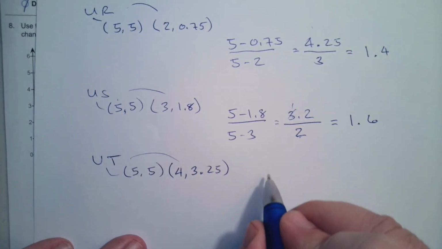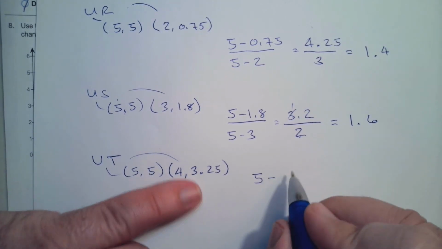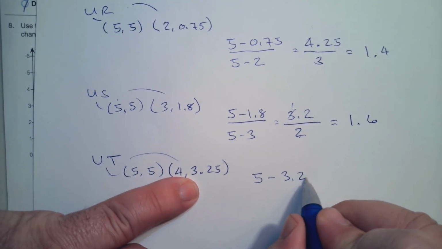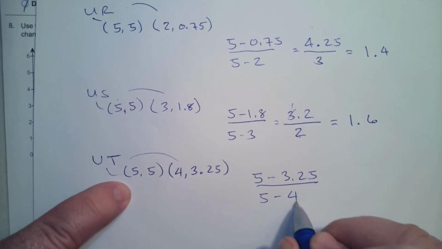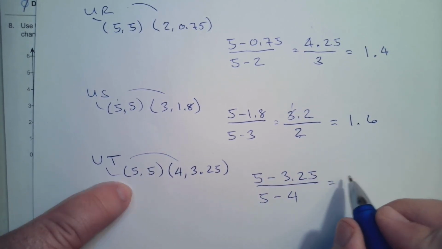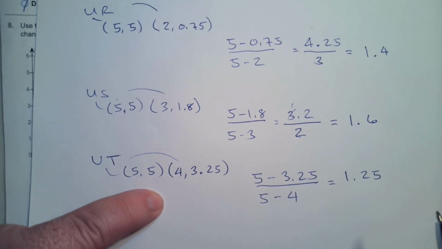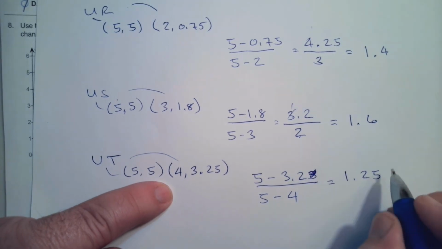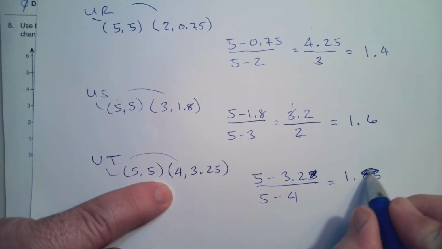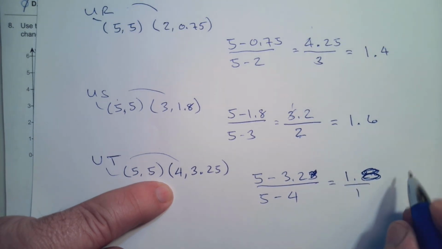That's U and that's T. So it's 5 minus 3.25 over 5 minus 4. So it's 1.8 over 1, which is 1.8.